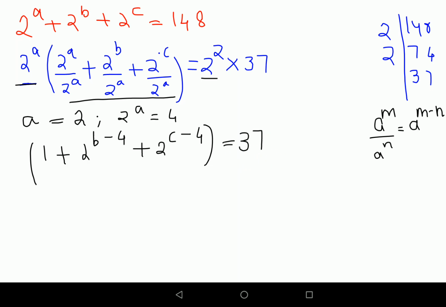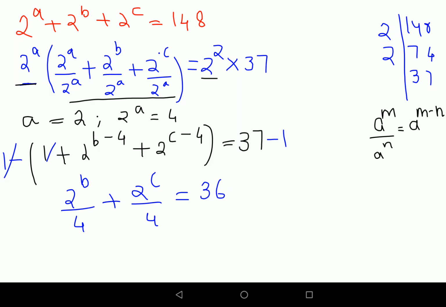Now we'll subtract 1 from both sides. I'm left with 2^b over 4 plus 2^c over 4, equals 36, because 37 minus 1 gets you 36.